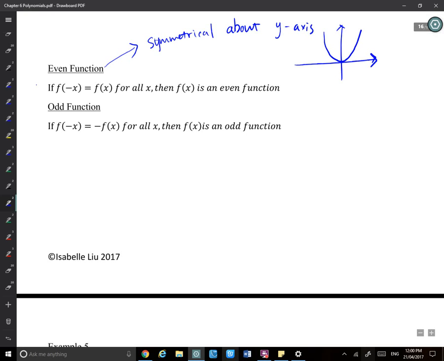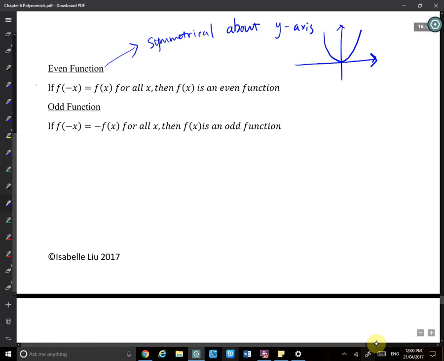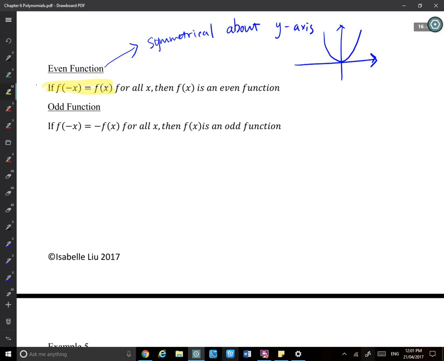Okay, now the thing is, if you don't know the graph, how can you say whether it's an even function or not? You will use this formula to test it. If you substitute the negative value, and it is the same as when you substitute the positive value, then that function will be an even function.